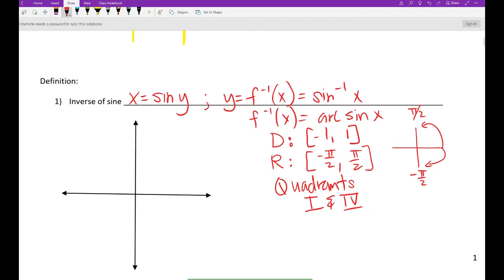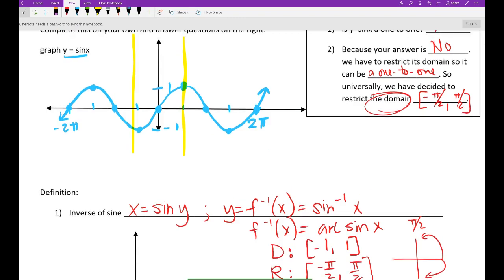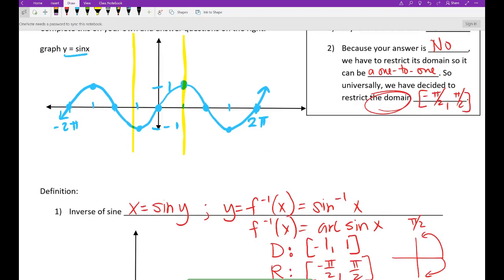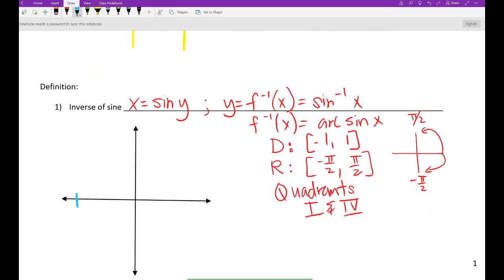Okay? So now we're going to graph them both together to see if it's symmetrical about anything. I'm going to graph the original one in blue. Remember, we cut it off from negative pi over 2 to pi over 2. So that's all I need. So here's negative pi over 2 to pi over 2. I know eventually I'm going to have to graph out its inverse, so I might as well label them the same.